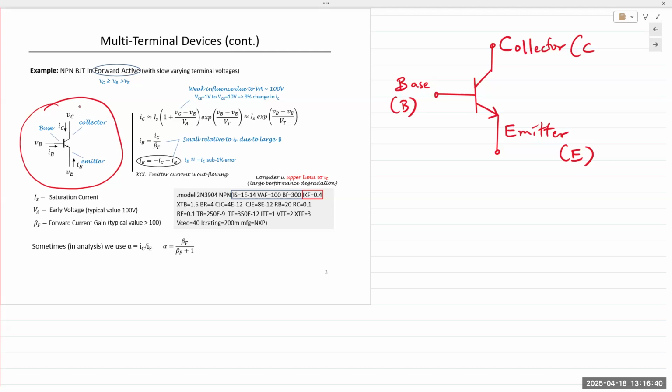So the base functions similarly. In a very generic way, or a crude analogy, we can say that this transistor, the BJT, is a solid state version of a vacuum tube triode. The current is actually flowing in this direction from collector to emitter, and then the base controls the flow.